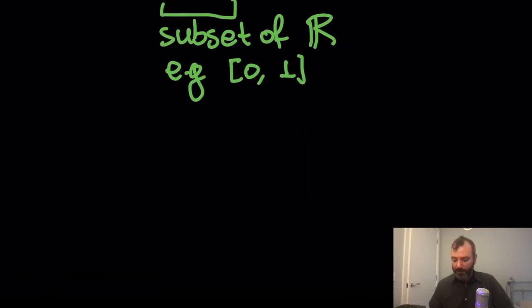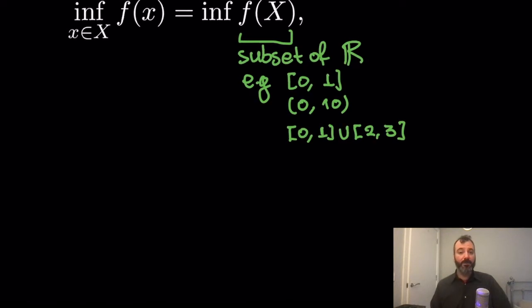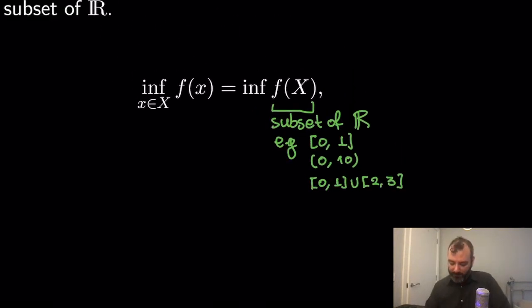For example, it may look like this, from 0 to 10. For example, it may look like this, from 0 to 1 and union from 2 to 3. But it's something of this sort. It's a set of numbers. And as a set of numbers, this is the infimum of a set of numbers.